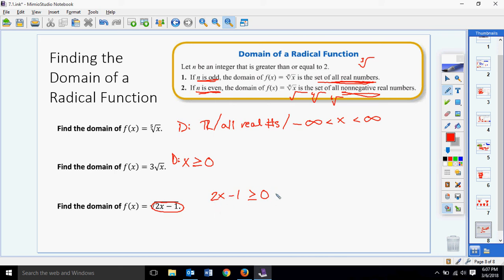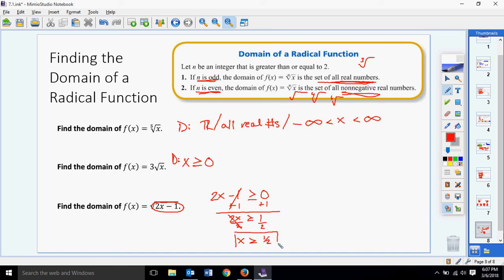So this inequality sentence here doesn't tell me anything. I want to know what I can plug in for x and it be okay. So I need to solve this. I'm going to add 1. Then divide by 2. And now I get x is greater than or equal to 1/2.